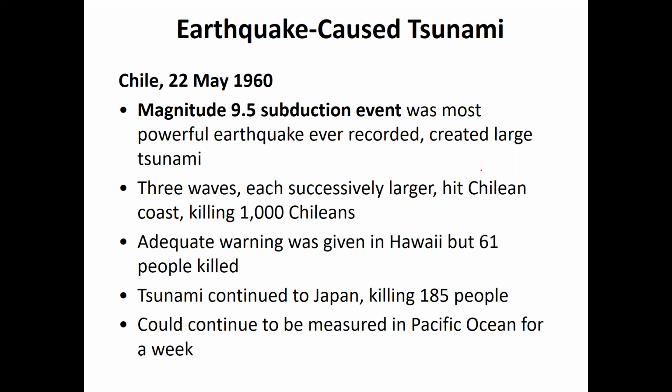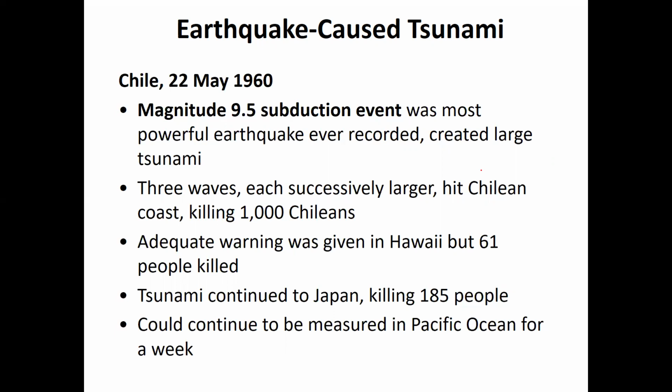May 22nd, 1960, a magnitude 9.5 subduction event, the largest earthquake ever recorded, created a large tsunami. 3 waves, each successively larger, hit the Chilean coast, killing 1,000 Chileans. Accurate warning was given in Hawaii, but still 61 people were killed. Tsunami continued to Japan, killing 185 people along the Japanese coast.